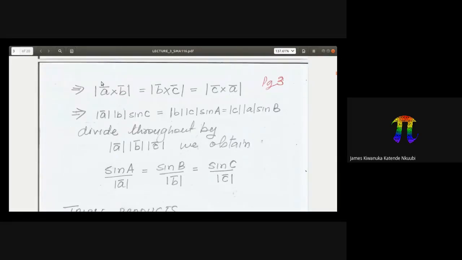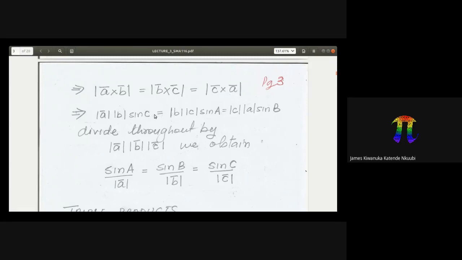So it means that if you get the magnitudes of these three vectors, they should be equal. The magnitudes of the three vectors are simply given by the magnitude of A multiplied by the magnitude of B times the sine of the angle between them. Remember the way the triangle is set up, the angle between A and B is capital C. Usually the angle is indicated using a capital letter.